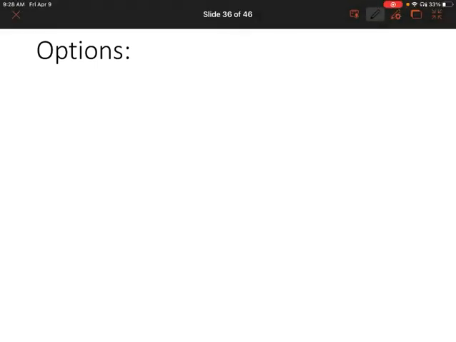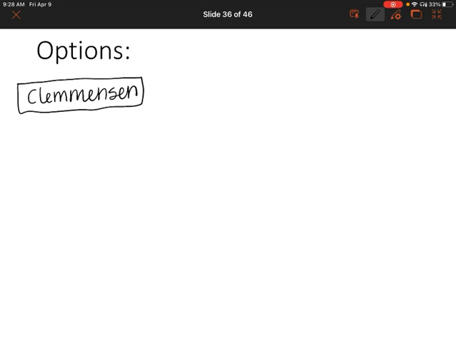All right, so let's actually go over all of our different reduction options. So the first option is the Clemmensen reduction. The second one is our Wolff-Kishner reduction.